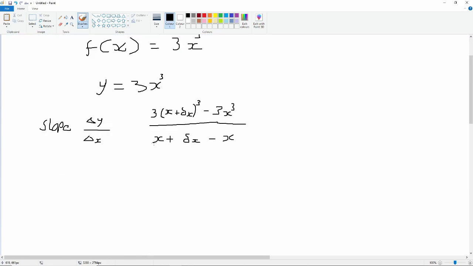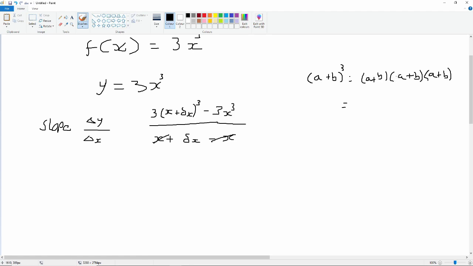Okay, well, first of all, we can cancel that x and that x. x plus delta x minus x, well, x minus x is 0, and 0 plus anything is itself, so that bit's simple. So now we need to expand out this x plus delta x cubed bit. So first of all, let's expand that out, just for those who might not know. So let's do it as a plus b cubed is equal to a plus b times a plus b times a plus b, which is equal to, so let's do the first two brackets first.